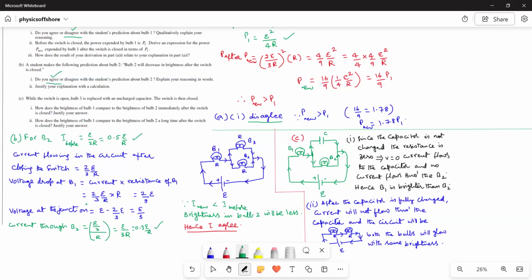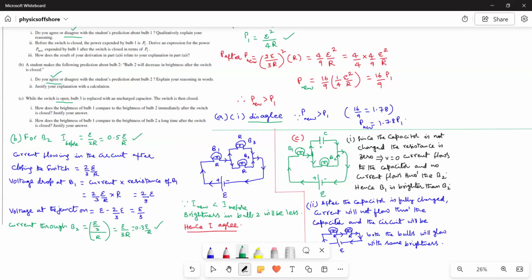Okay. Next. What he is doing, he kept the switch open, and then he replaced the bulb 3 with a capacitor, an uncharged capacitor. When he replaces the bulb with an uncharged capacitor and then closes the switch, what happens? Uncharged capacitor means the resistance is 0.